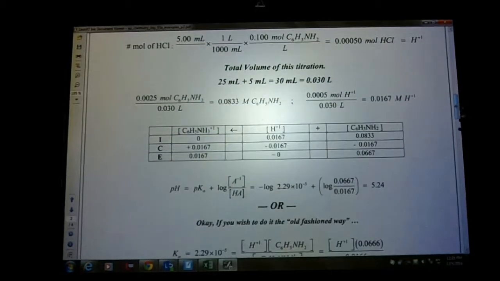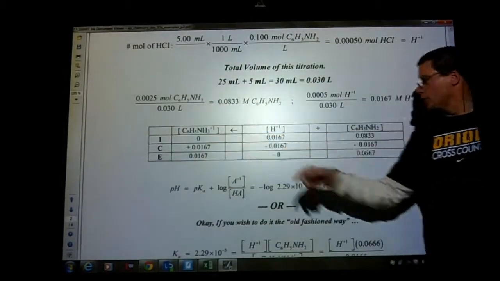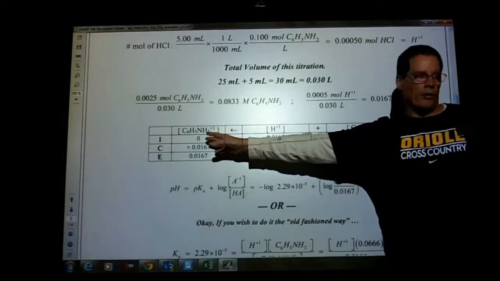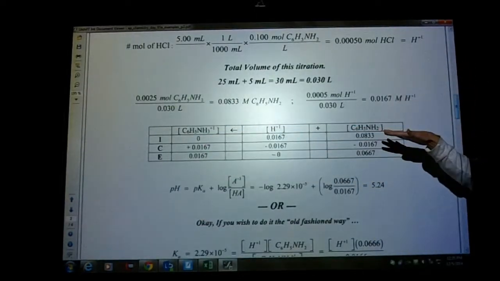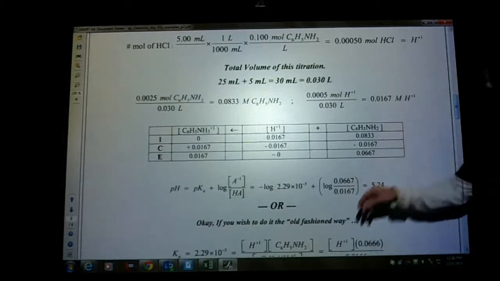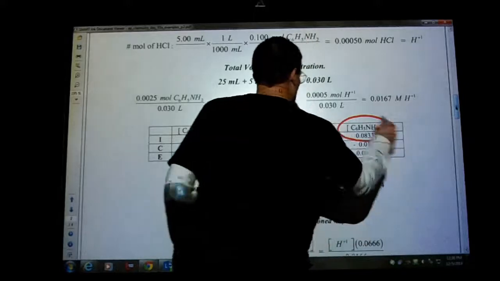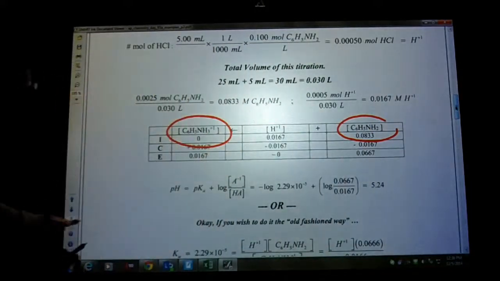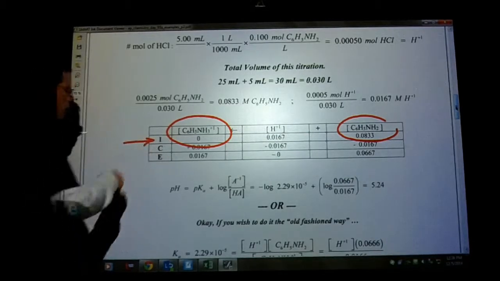Let me ask you a question. Looking at the initial concentrations of these three things, would that make a good buffer? And why? If I look at these concentrations, mainly these two, would this solution initially be a good buffer?